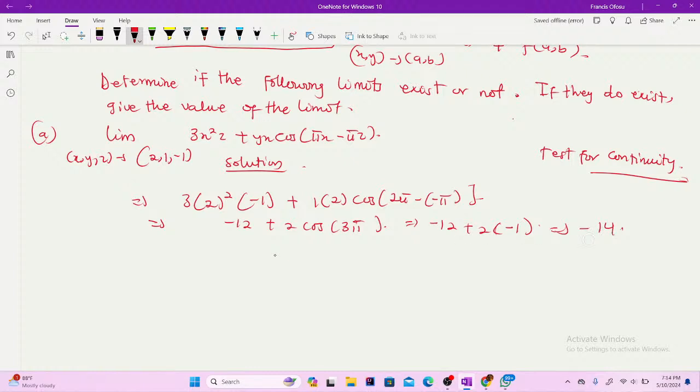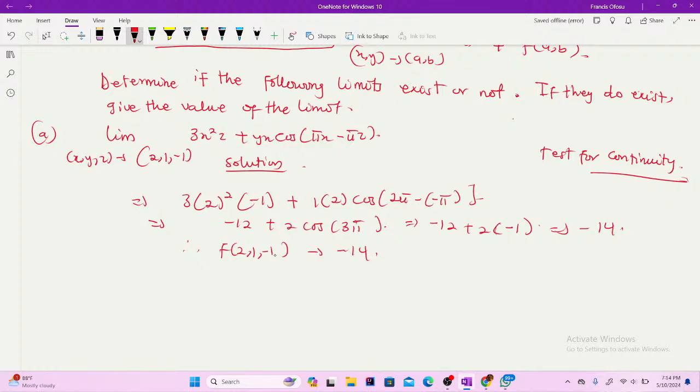Once your functional value exists, it means that our limit exists. So let's write it this way: f of 2, 1, negative 1 is giving us negative 14.